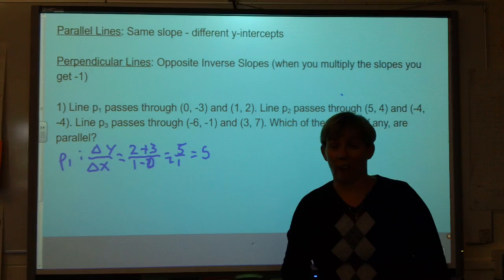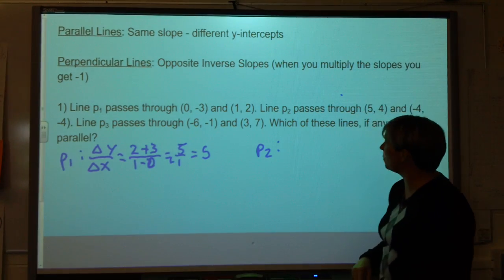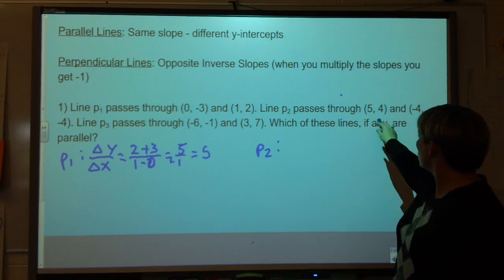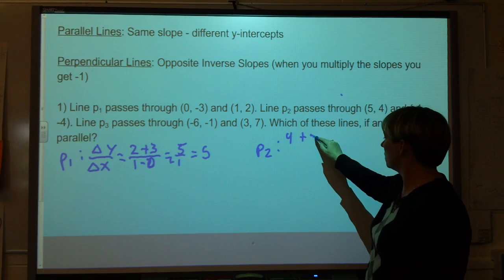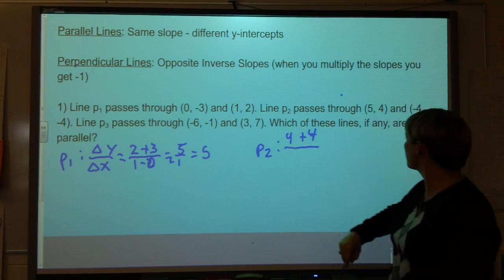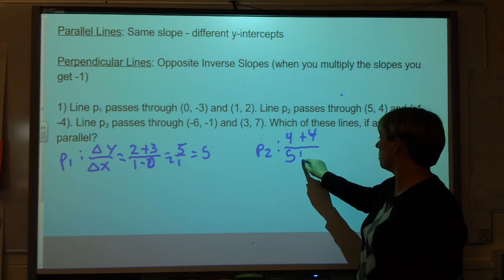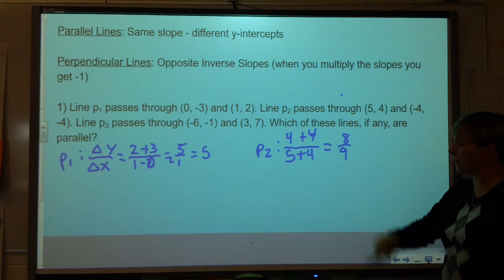So I get a slope of 5. For P sub 2, the second set of points, I'm going to have change in y over change in x again. So I have 4 plus 4 over 5 plus 4, which gives me 8 over 9.